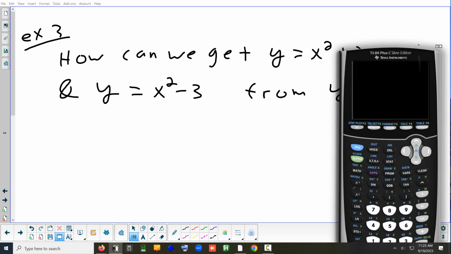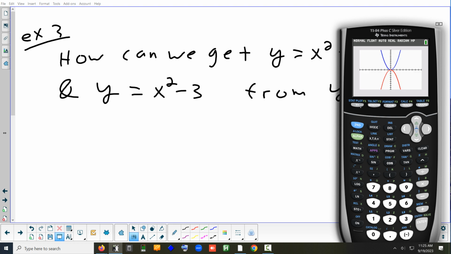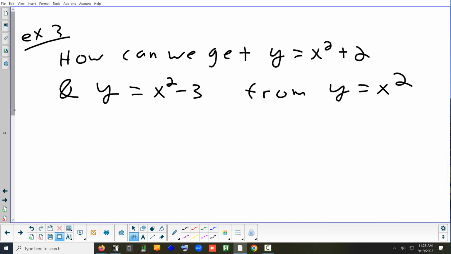Which way for positive? For positive, it translates the entire parabola upwards, and if it's negative, it translates it downwards. So x squared plus 2, that's the original. X squared plus 2 is going to take that blue one and shift it up 2. And minus 3 would shift it down 3.